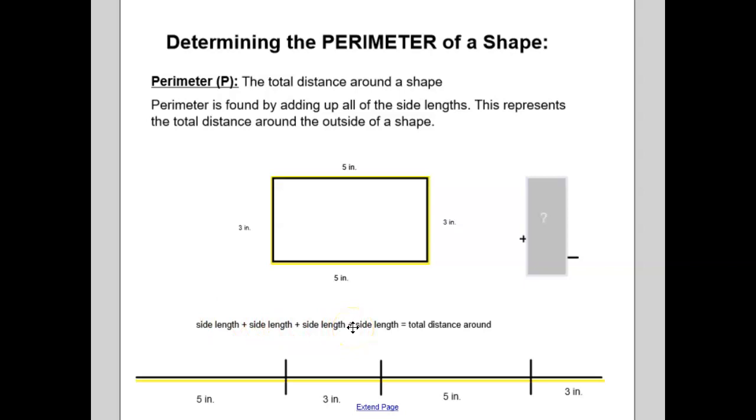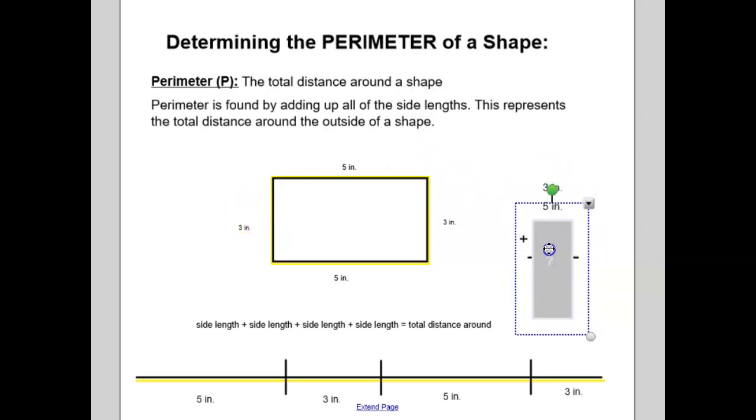To find perimeter, you add side length plus side length plus side length plus side length. And that tells you the total distance around the shape. Let's do that together. So I would add 3 plus 5 plus 3 plus 5. Would you please write that on your paper and determine what is the total perimeter of those side lengths? Add them very carefully.